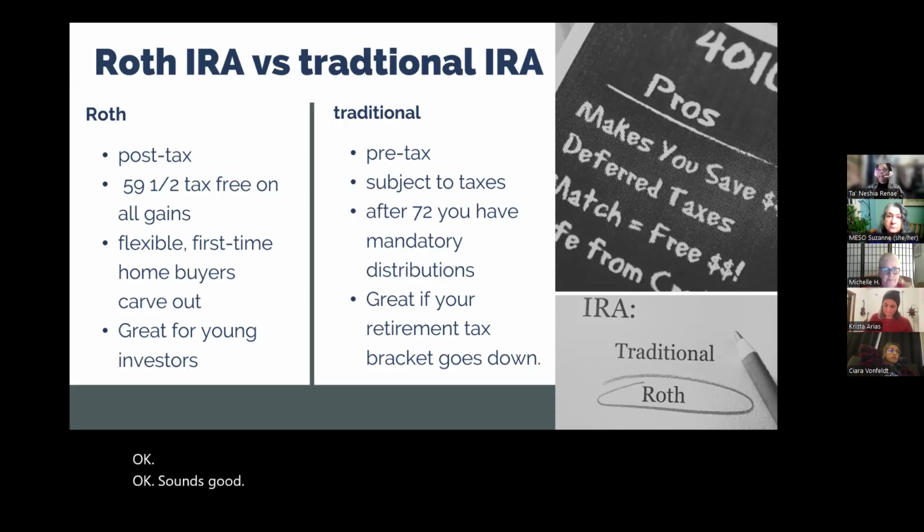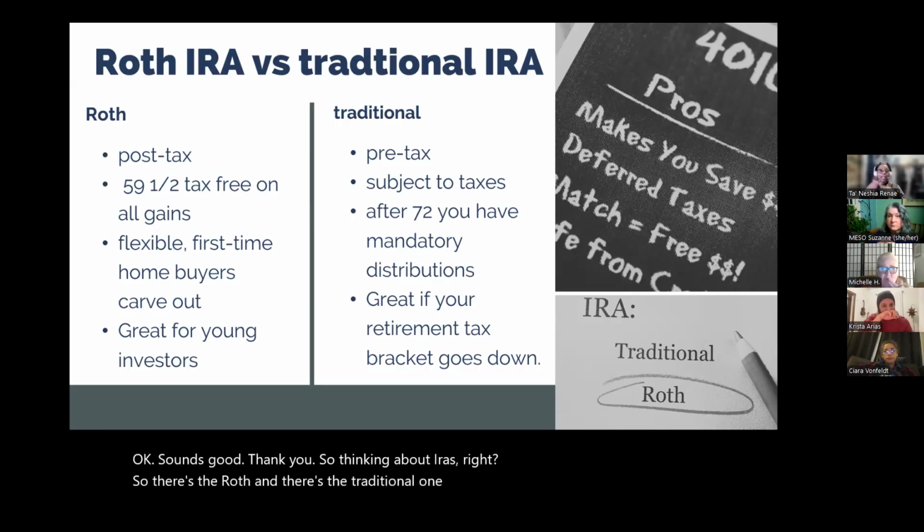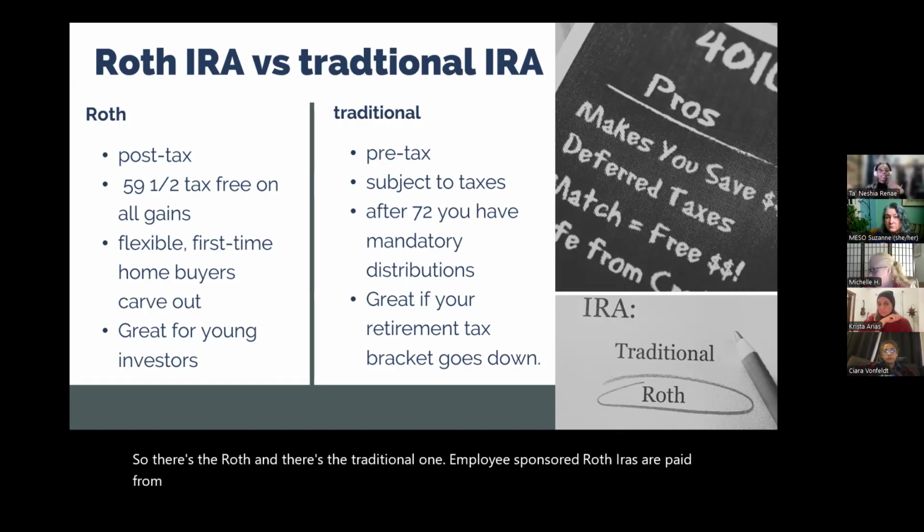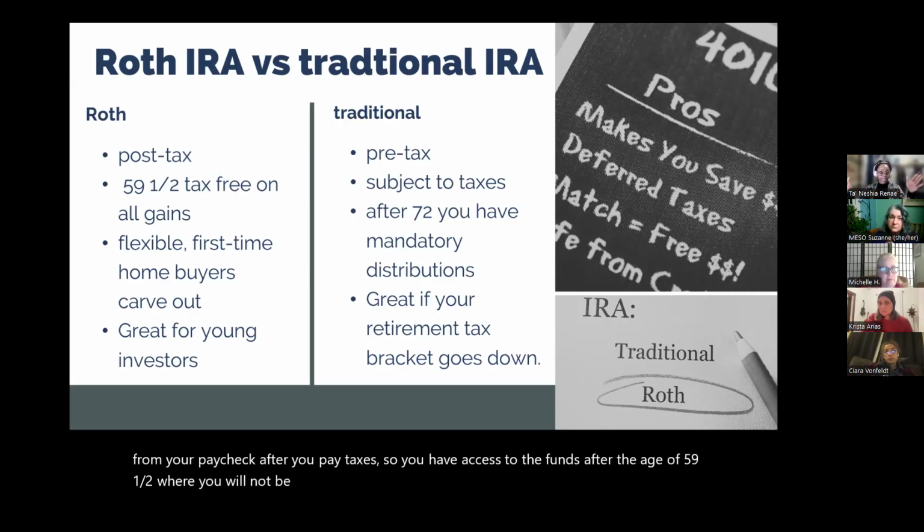So thinking about IRAs, there's the Roth and there's the traditional one. Employee sponsored Roth IRAs are paid from your paycheck after you pay taxes. So you have access to the funds after the age of 59 and a half, where you will not be charged taxes on any of the gains.